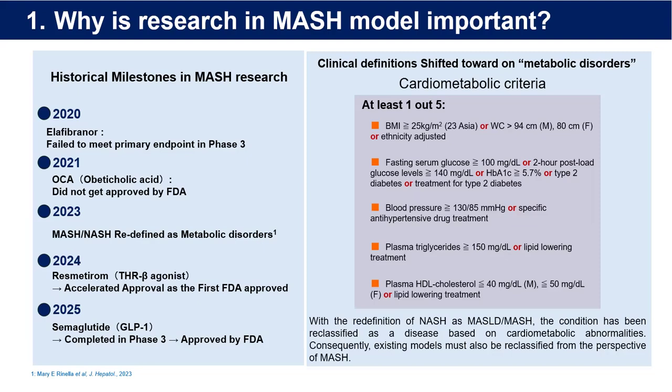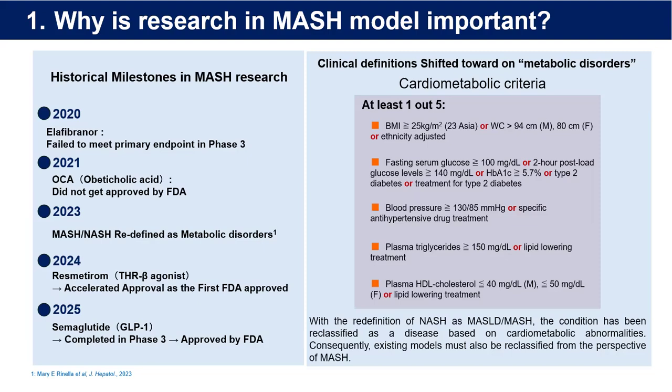However, this situation has changed significantly in recent years. Resmetirom was the first to receive approval, and semaglutide also succeeded in phase 3 trials and has been granted accelerated approval. As a result, MASH has been repositioned as a treatable disease.